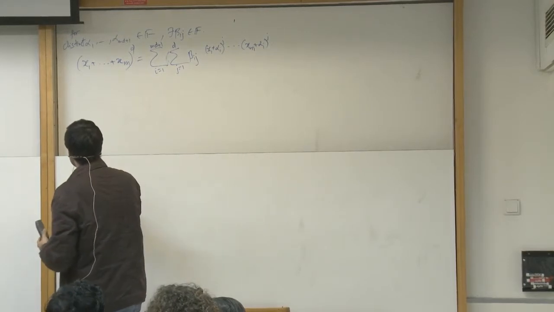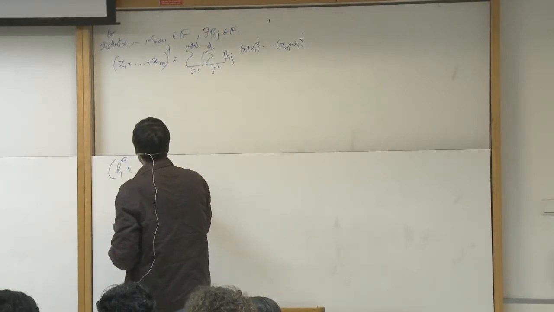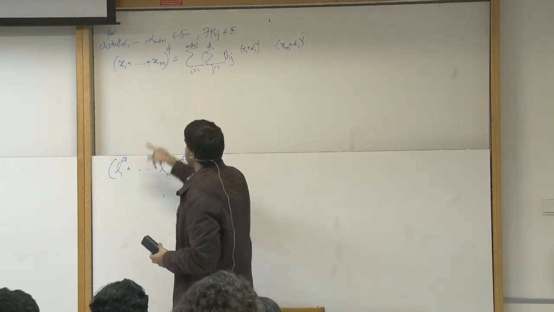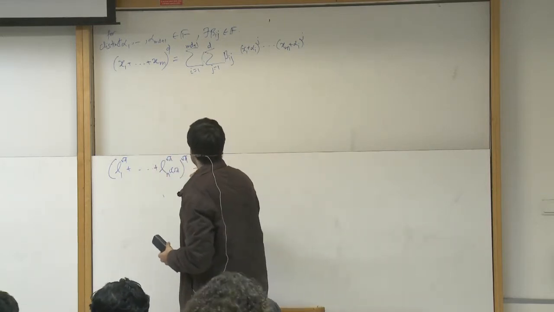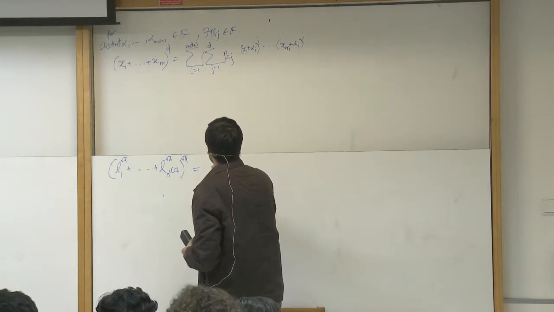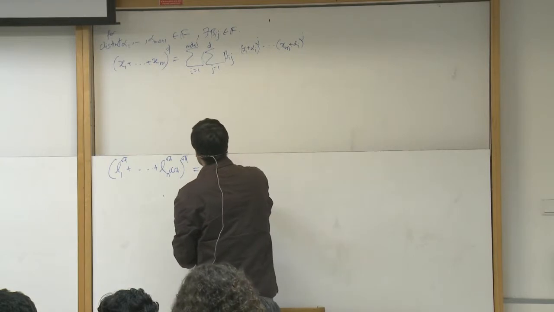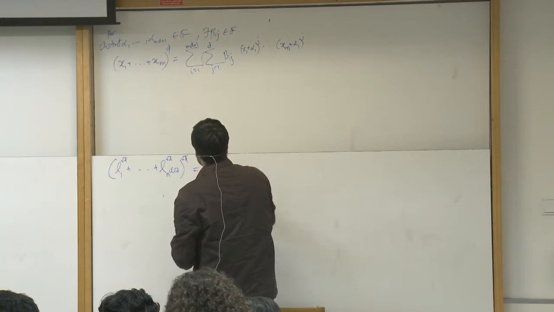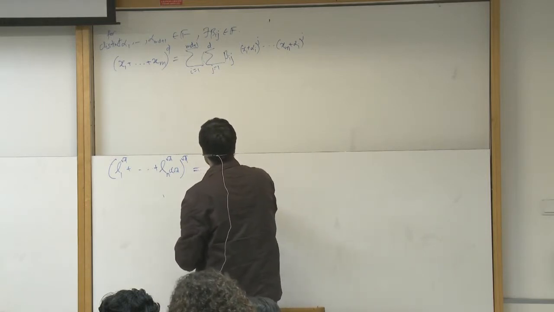Okay, so the term we have is some L1 to the root d. If we replace every xi by li to the root d, what we will get, by this identity, is: m here is n to the order root d, so it will be n to the order root d. D is root d, so it will be root d.